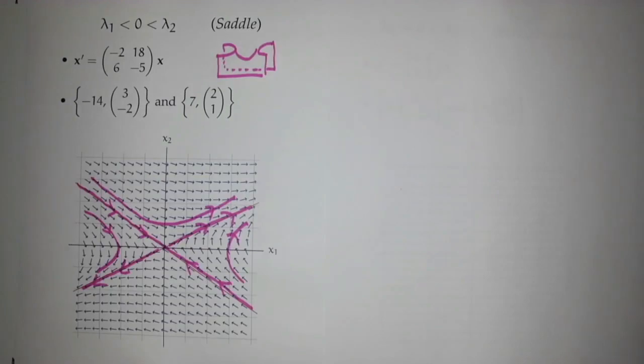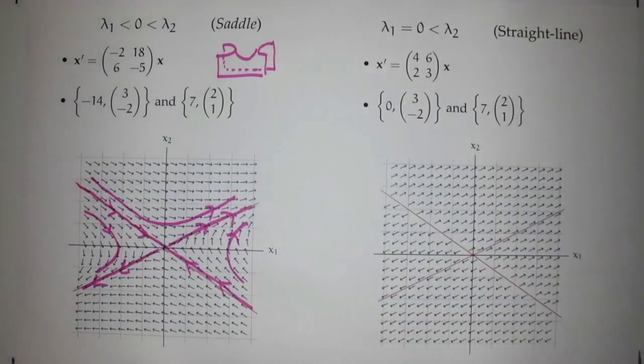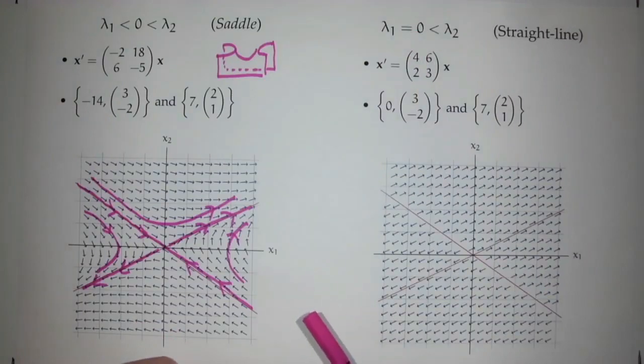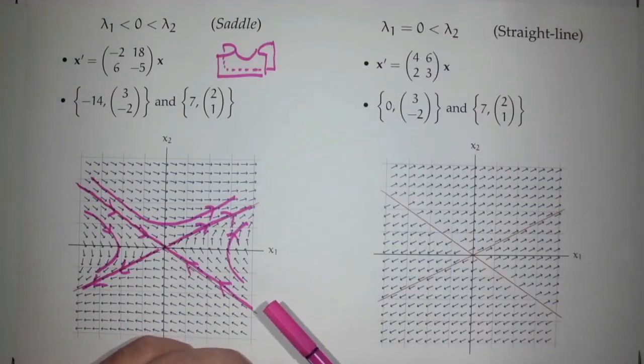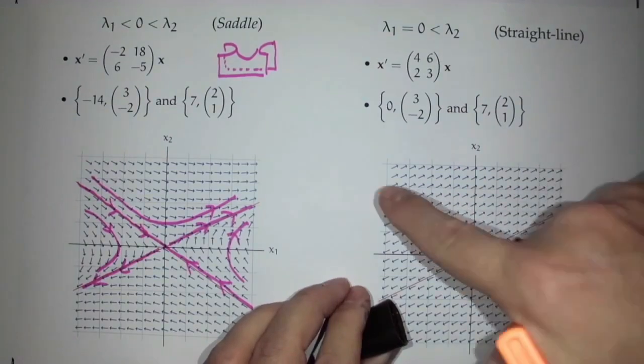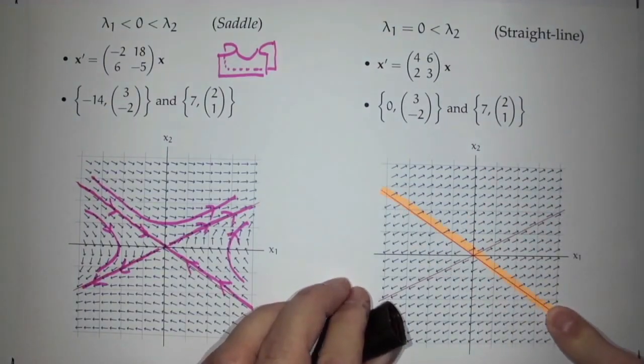All right, well, other possibilities. We could have a 0 eigenvalue, and then maybe the other one's positive. Well, it's easy to spot the 0 eigenvalue. In this picture, it's along here. And what's happening on this line if it's a 0 eigenvalue?